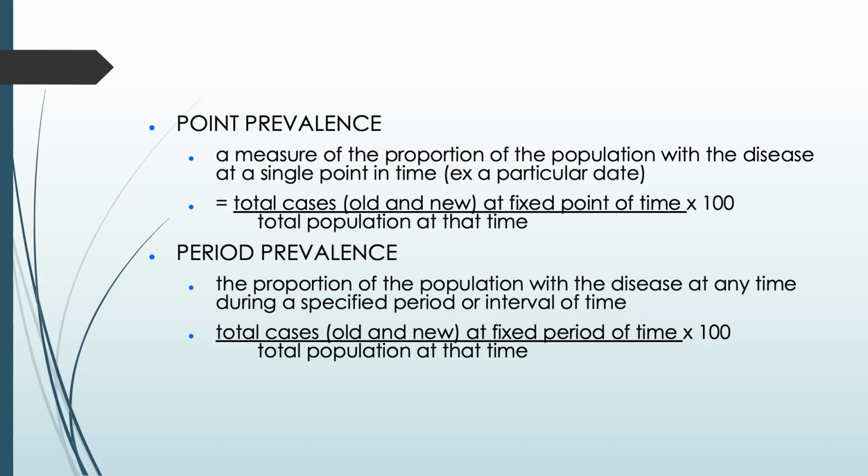Period prevalence is basically the same, the proportion of the population with the disease at any time, but this is during a specified period or interval of time. So it is the total cases, old and new, at the fixed period or interval of time over the total population at the same period or interval of time, times 100.